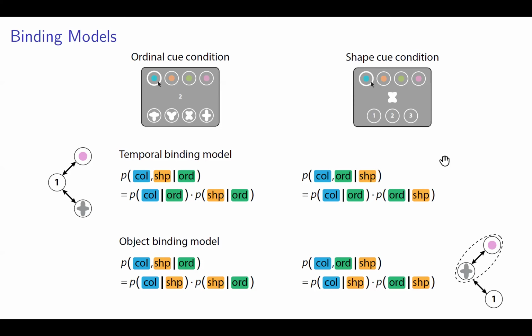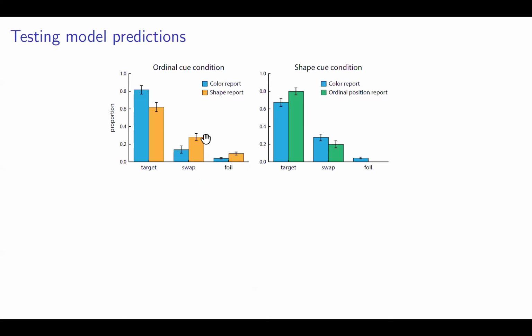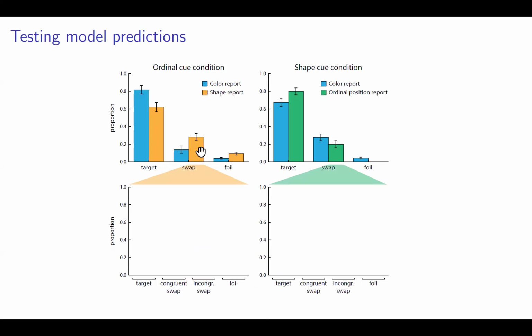Okay. Yeah, going to the results. The interesting part where the models make divergent predictions is when there's a swap error in the second response. Well, also the first response, but the second one we can investigate more directly, since the first response is always color in both of these conditions, and so we can compare them.